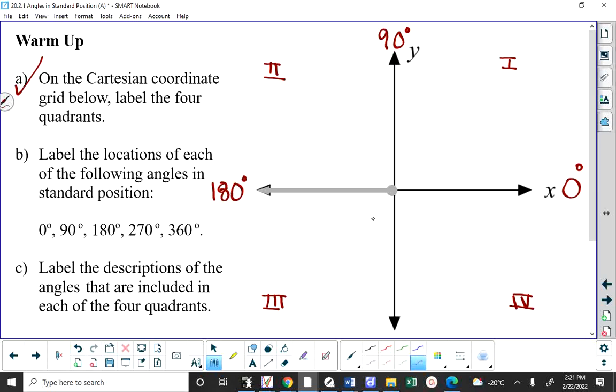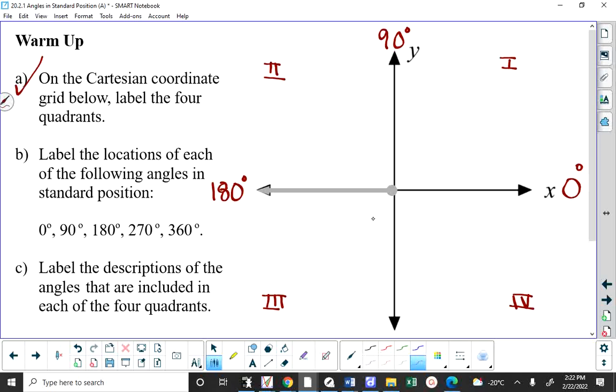That, by the way, would also be 540 degrees. You might have to use your calculator or crunch that number a little bit in your head. But 540 degrees, if I go 360 and add another 180, I think it's 540. Is it?